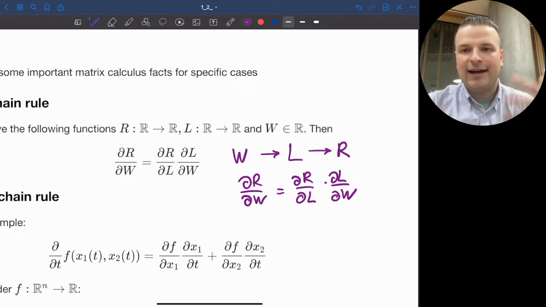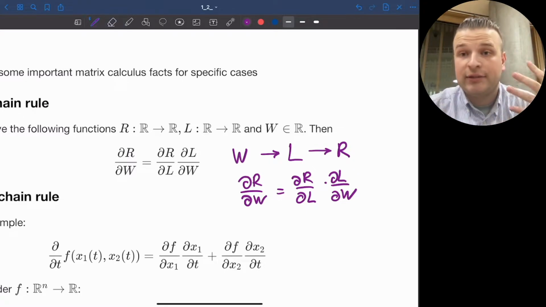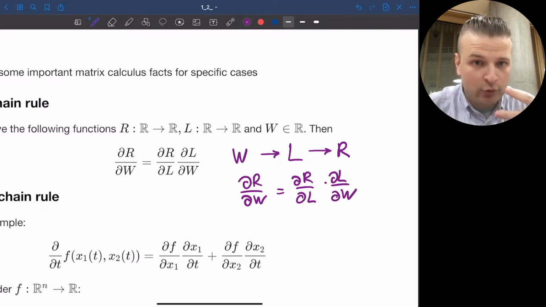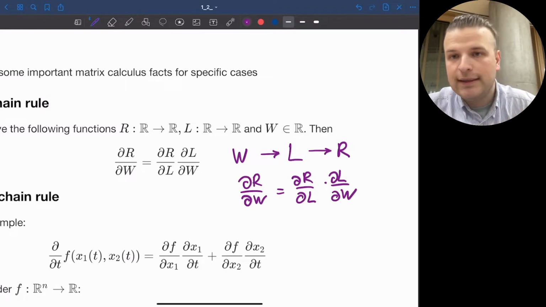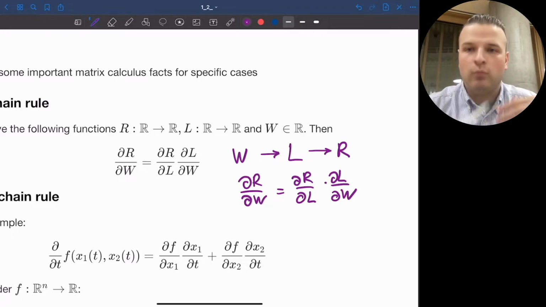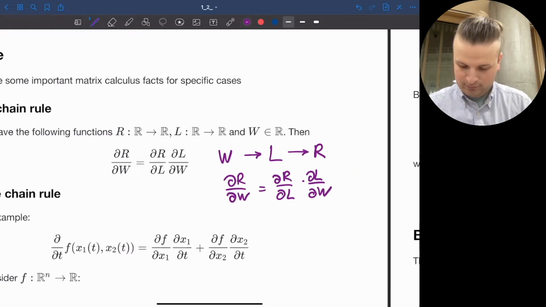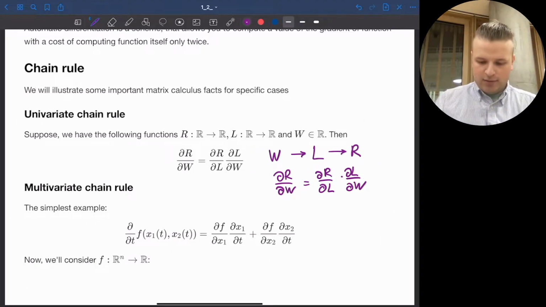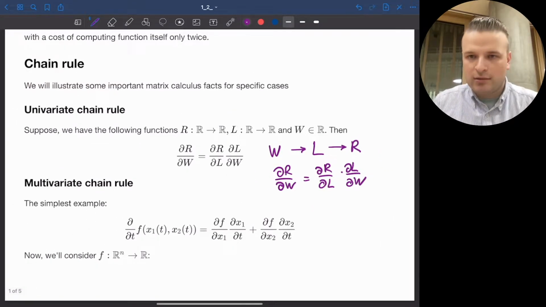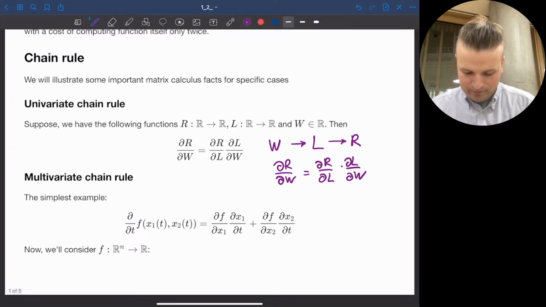And this is a pretty simple formula for the scalar case. However, there are analogues in the vector case, when the input of some function is a vector, or even when both input and output are vectors. So let's consider a simple example.